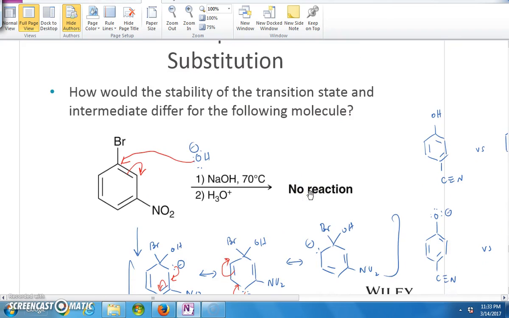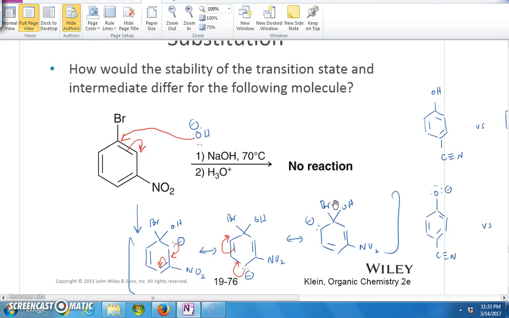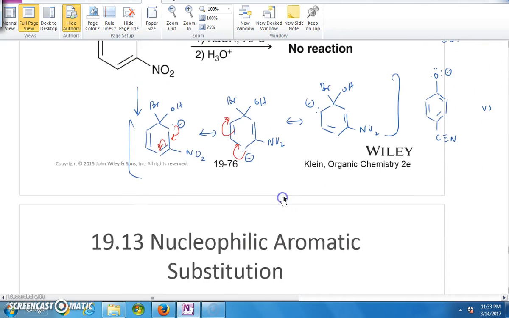How will the stability of the transition states and intermediate differ for the following molecule? Of course, there will be no reaction. The reason is that upon attack of the nucleophile, you have the negative charge on the carbon, right? And if you delocalize it, you can see that the negative charge is at the para position.